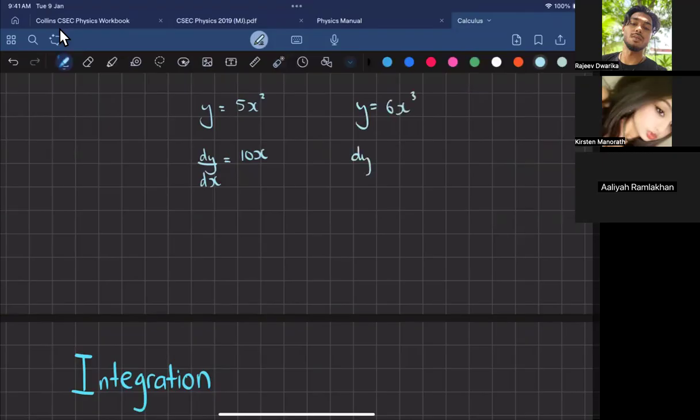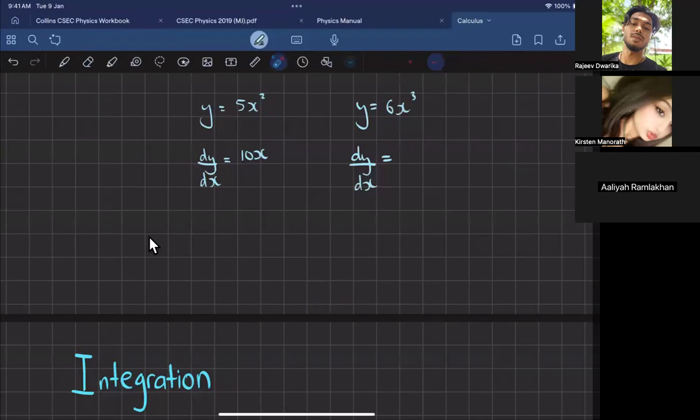So dy dx. If I differentiate that, what would I get? So it'll be 6 by 6 is 36. Wait again, 6 by 6 by 6. Nah, check it out again. We are taking the power and multiplying it by the number in front.